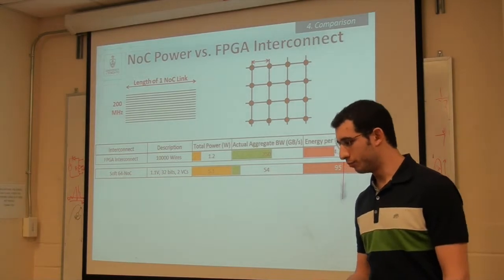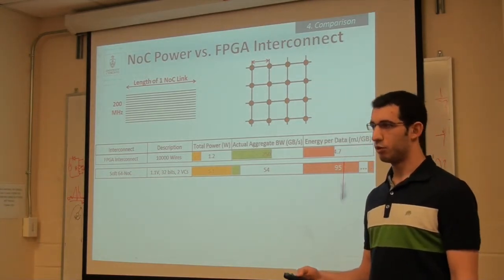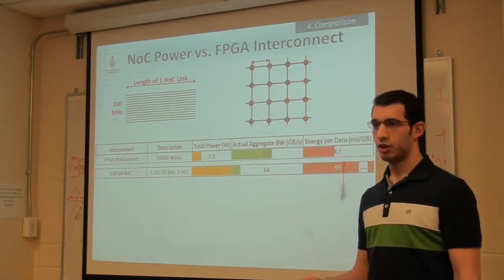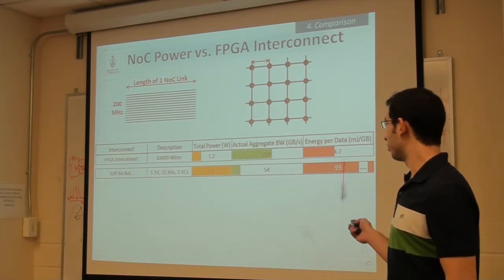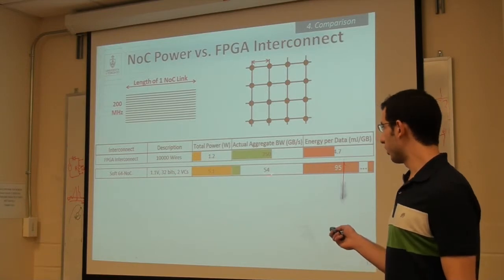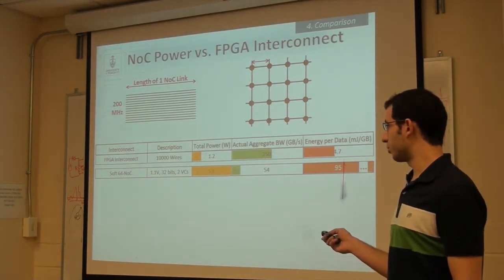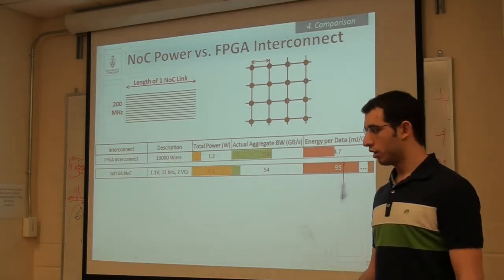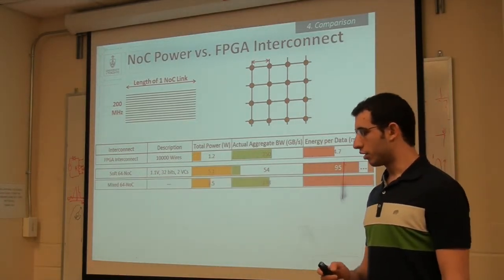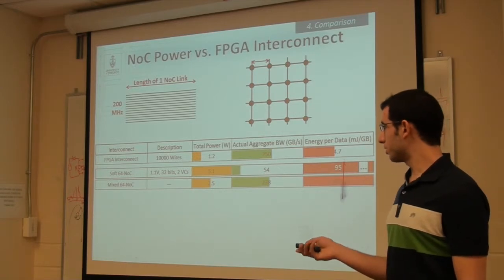First, we do the same computation for a soft network on chip. As you'd expect, that's very high, 95 millijoules per gigabyte. It provides very little bandwidth, 54 gigabytes per second, and the total power is quite high. But the interesting stuff is when we look at mixed NOCs.